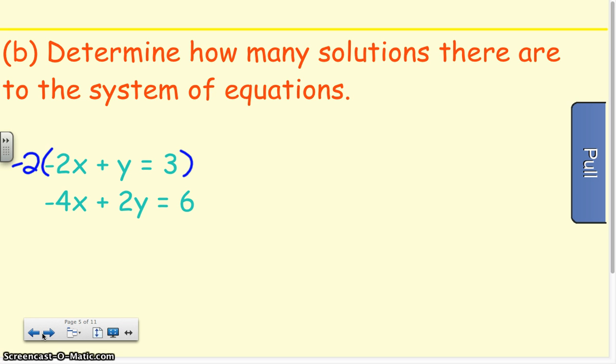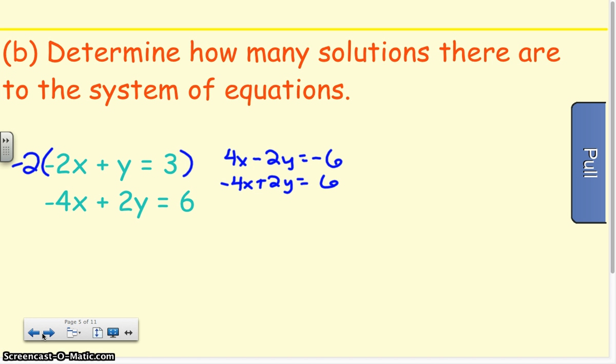I'm going to times through by a negative 2. The reason I chose negative 2 is because I will get a positive 4x as I distribute, and the 4x and negative 4x will end up canceling out. Okay, distributing, I get positive 4x minus 2y is equal to negative 6.